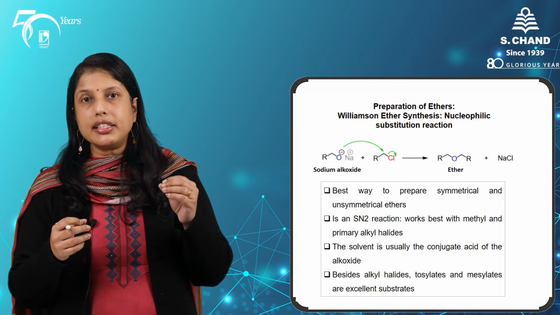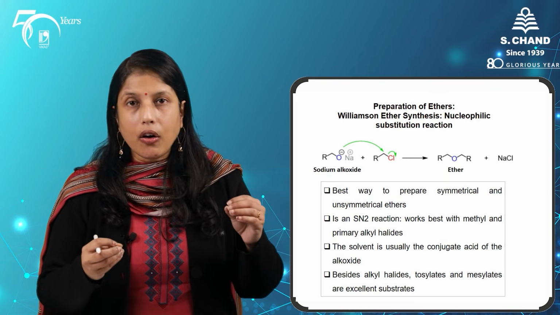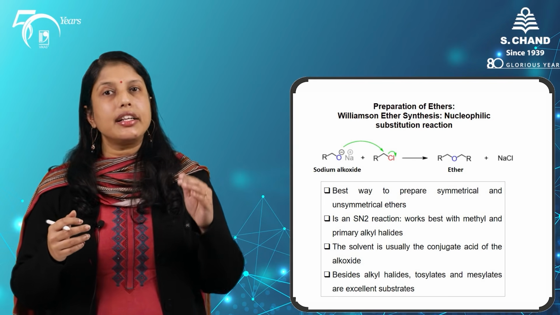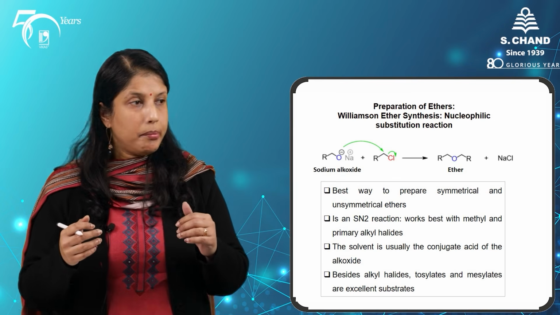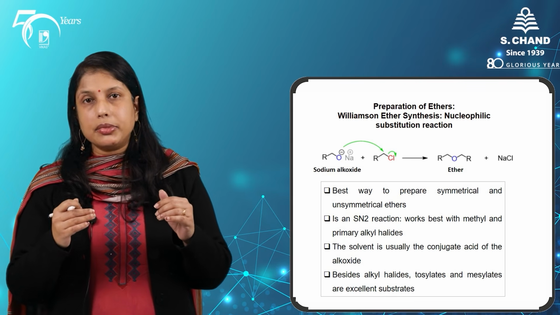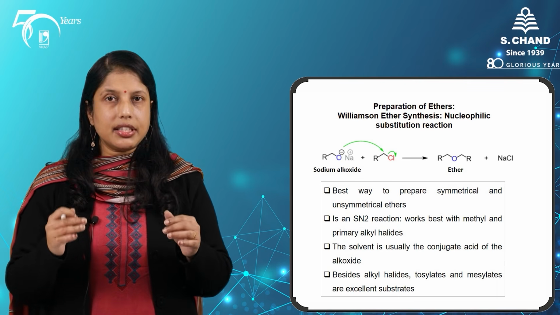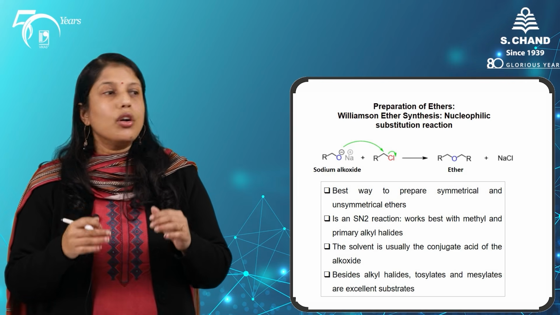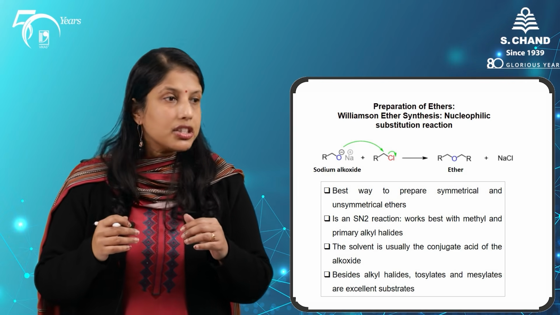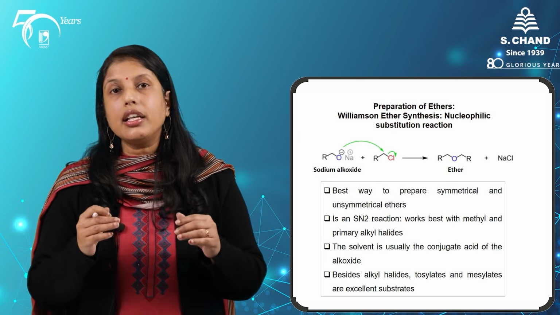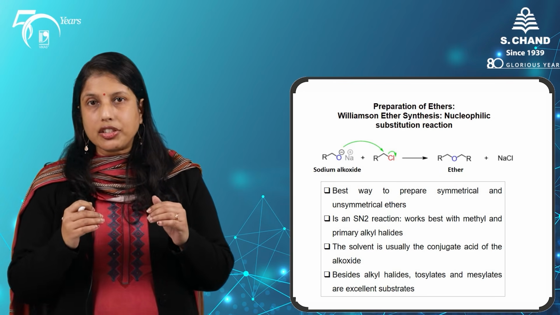Remember, the alkoxides are obtained when alcohols are deprotonated in the presence of strong bases like sodium or potassium metal. And this synthesis is commonly termed as the Williamson's ether synthesis, named after Alexander Williamson, who first developed this reaction back in the 1850s. And till date, it is one of the best reactions for the synthesis of our ether molecules.